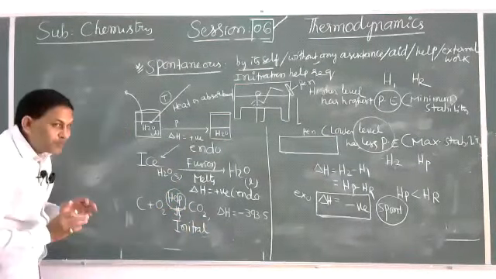So by using only delta H equal to negative, we can't decide its spontaneity, whether it is spontaneous or not.